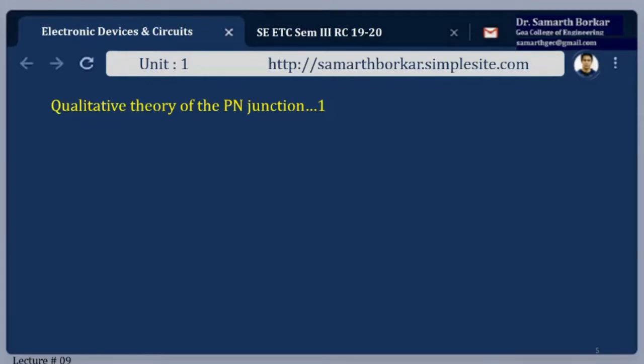Now, if I talk about the construction, here I am having, say, a p-type block, and here I'm having another block. The size has to be the same, an n-type block. So this is intrinsic semiconductor doped with pentavalent impurity.